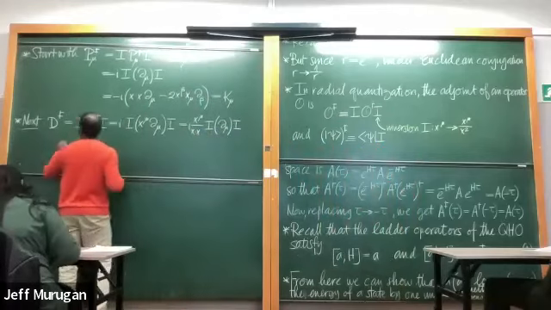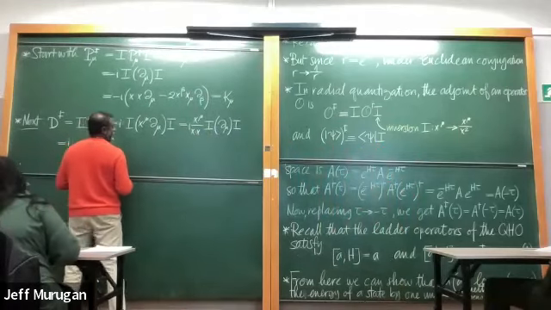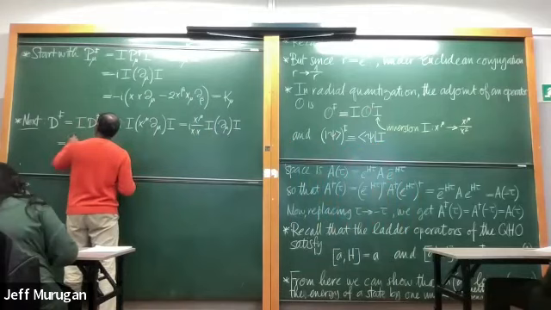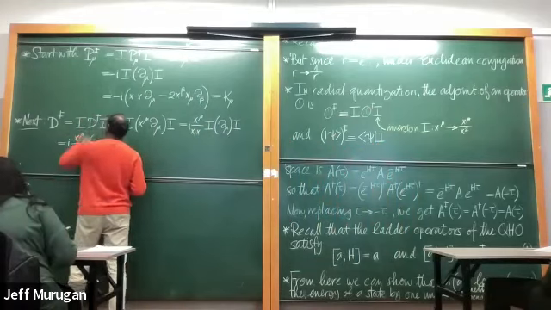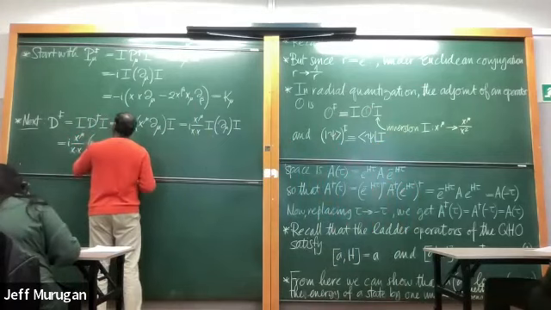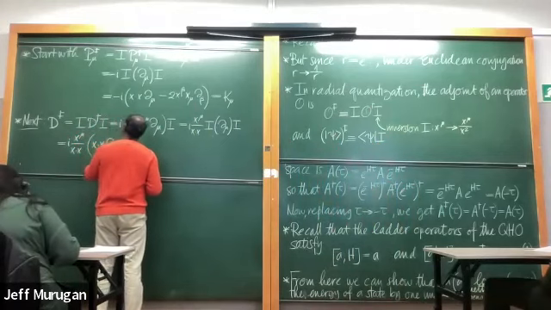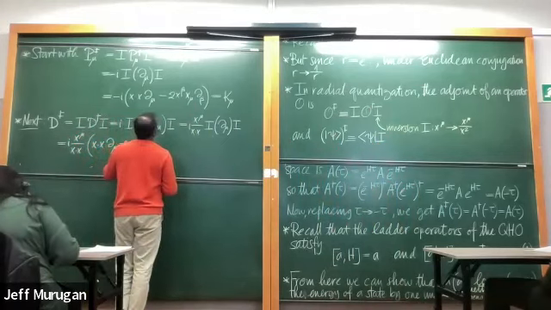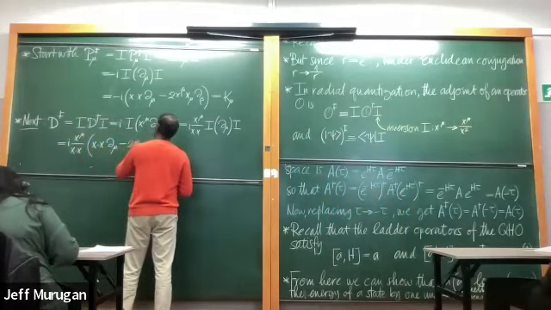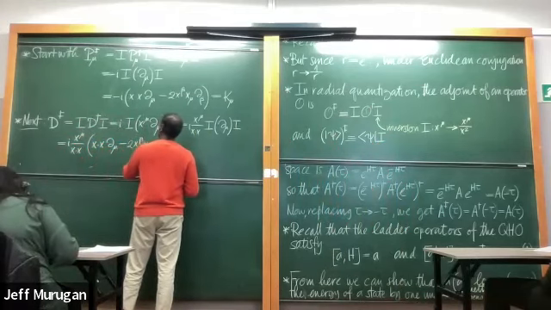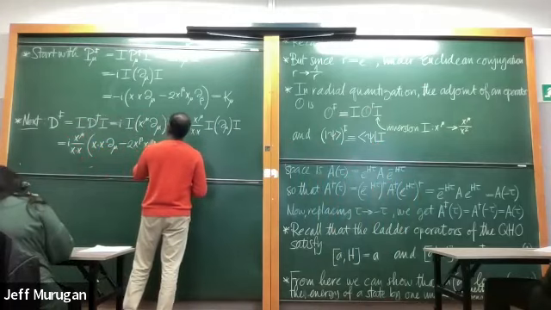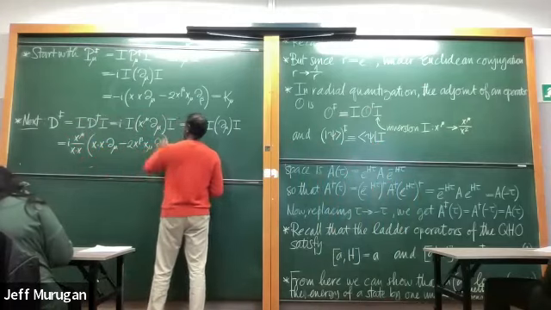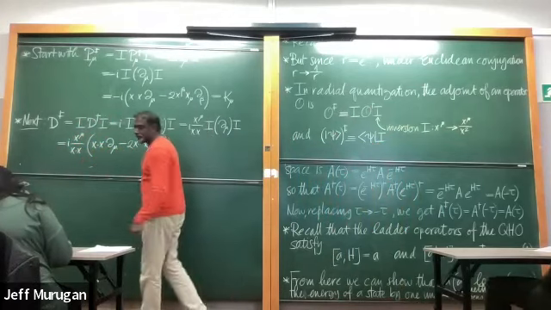So this is just I times x mu over x dot x times x dot x d mu minus 2 x mu x dot d.